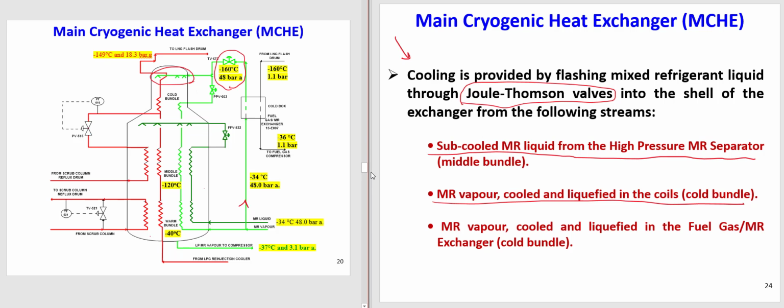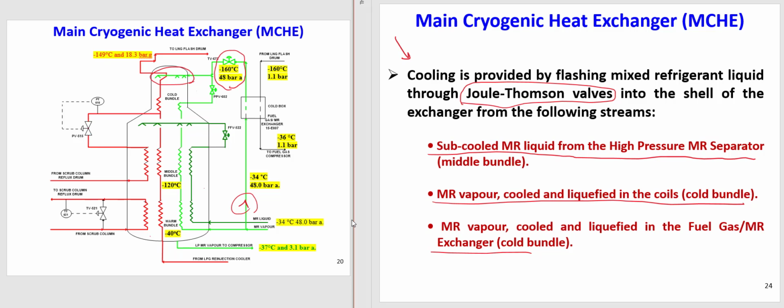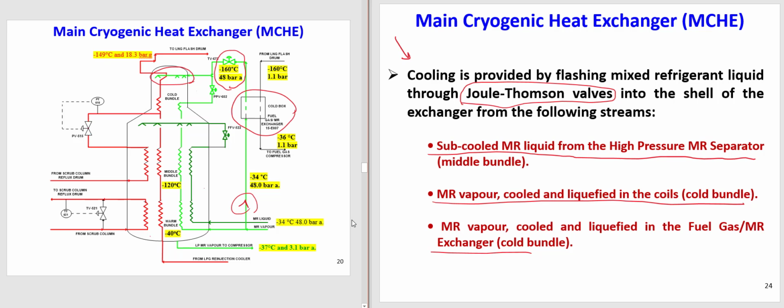Then mixed refrigerant vapor is cooled and liquefied in the fuel gas mixed refrigerant heat exchanger. So we create cold first by using this heat exchanger: we send the mixed refrigerant vapor to the mixed refrigerant heat exchanger, the cold box, and then the Joule-Thomson valve. In both ways we can create a low temperature.